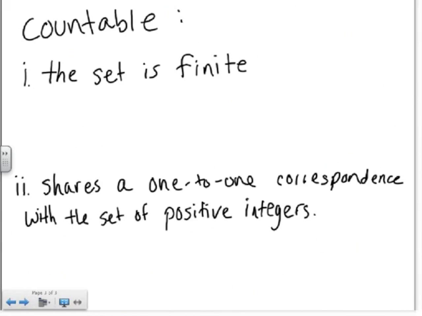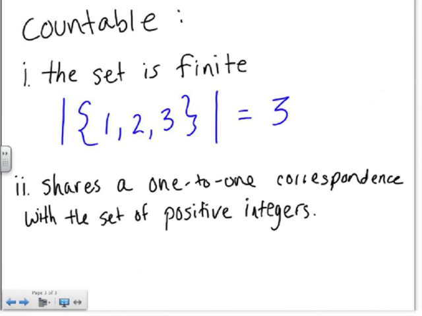Alright, now let's define what determines whether a set is countable or not. A set is considered countable if it is finite, such as the set 1, 2, 3, which is certainly finite because, as you can see, there's only 3 elements, and the cardinality of this would then be 3 as well.